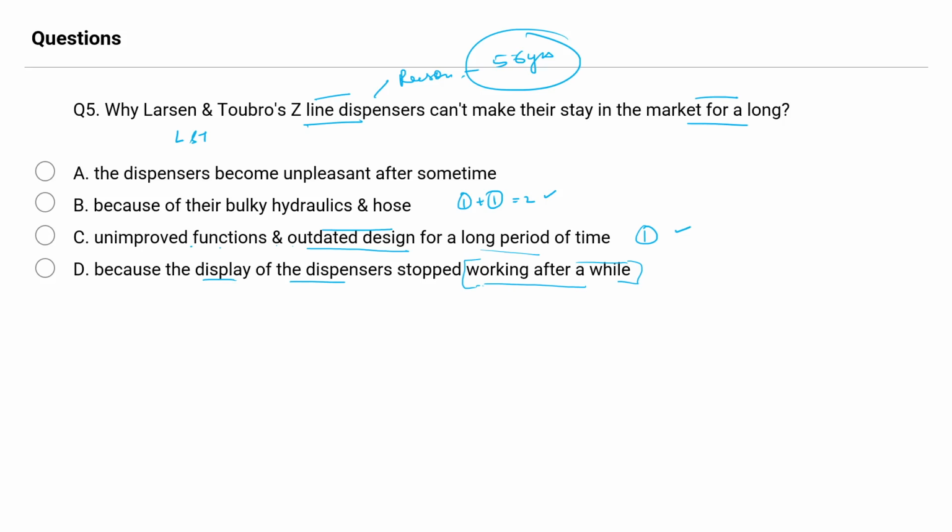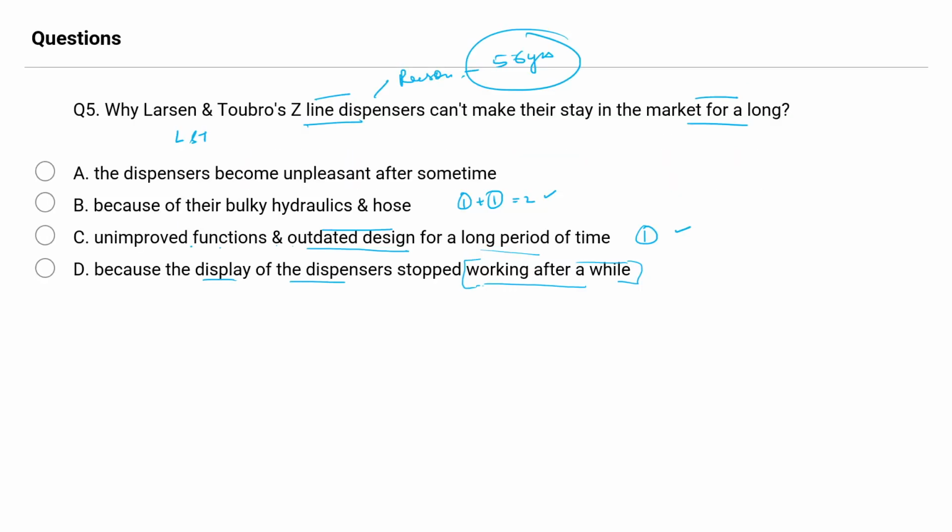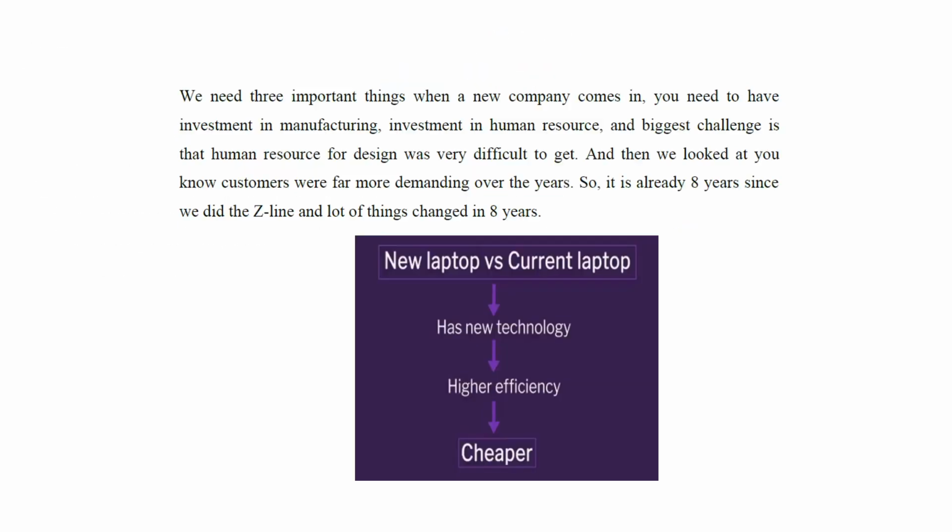All right, let's see the reference. So we are talking about why dispensers can't make their stay in the market for long. Because you need certain improvement, because every time you are going through a particular stage, the technology is changing. Everything changed during the 8 years since the Z line petrol pump had come.